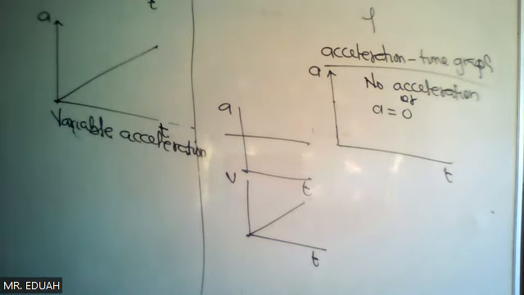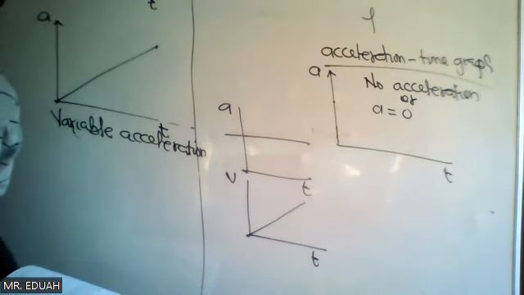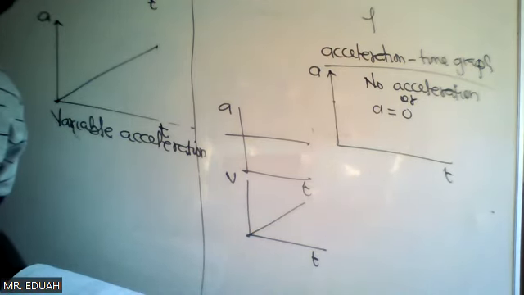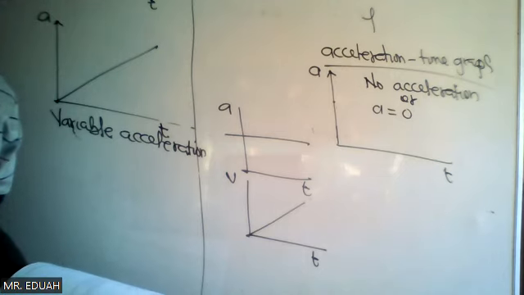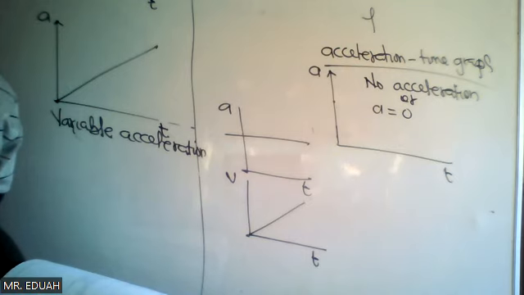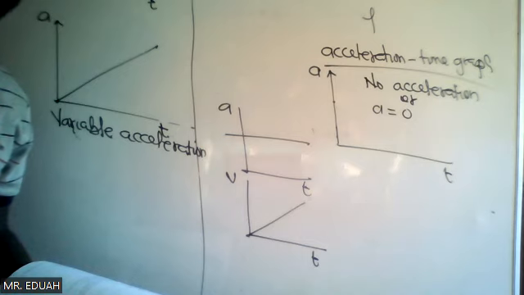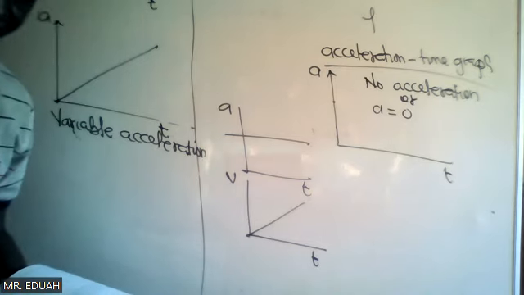Then back to the question I gave you. Jill walks at a constant speed to her friend's house 120 meters away in 60 seconds.